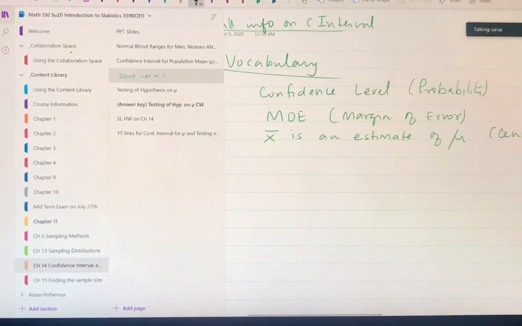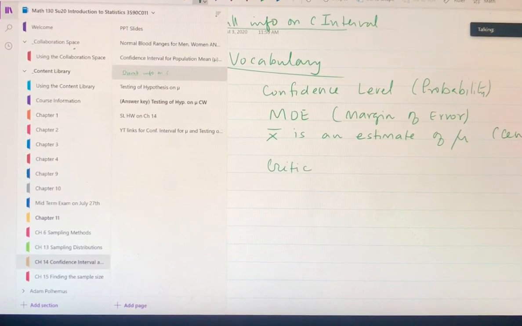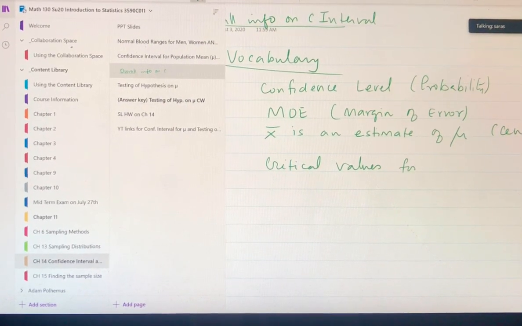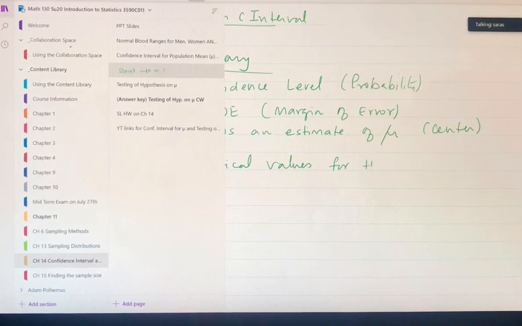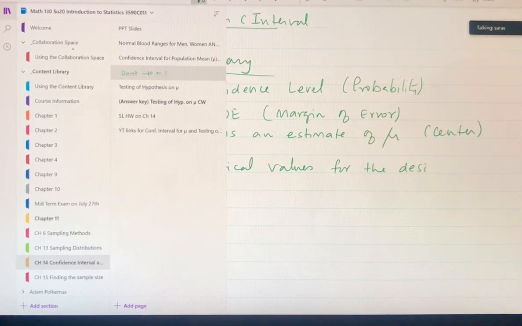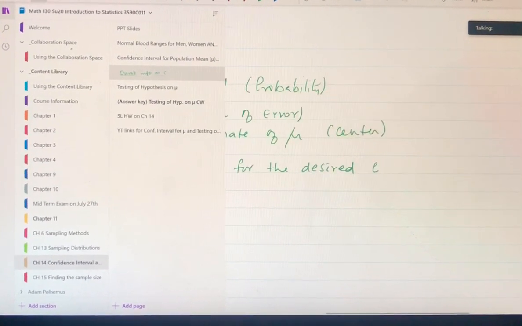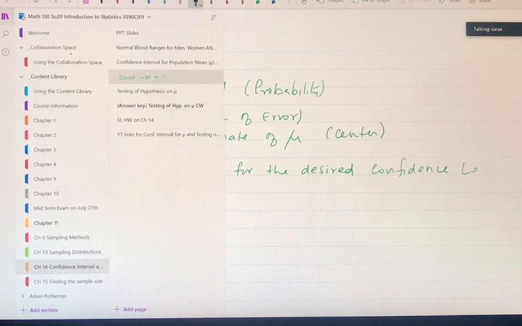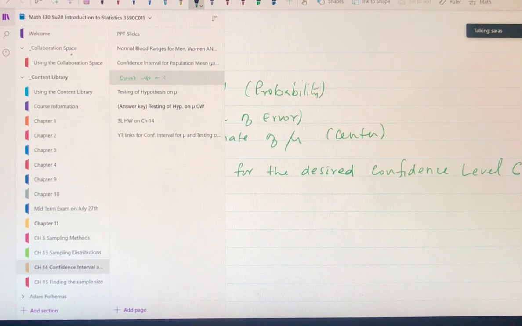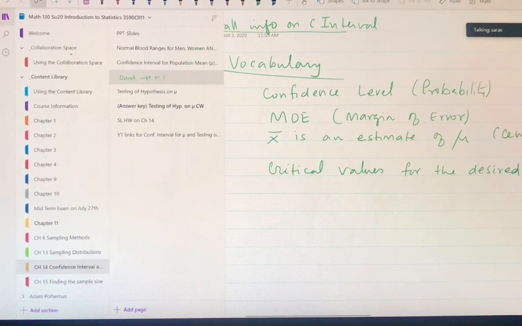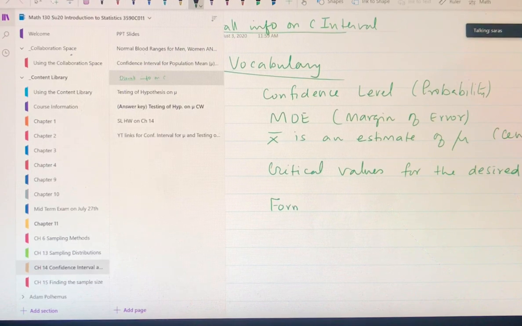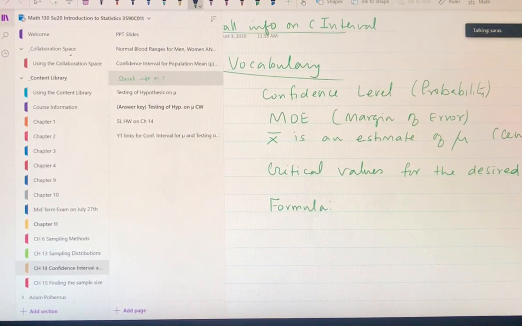And then the critical values for the desired confidence level C. Desired confidence level C. All these are new vocabulary words to you, okay? C, that's right, the critical value. And then you have the margin of error, and then the formula for confidence limits.